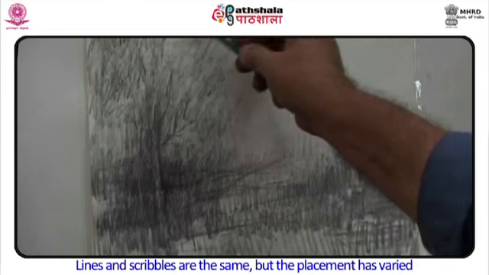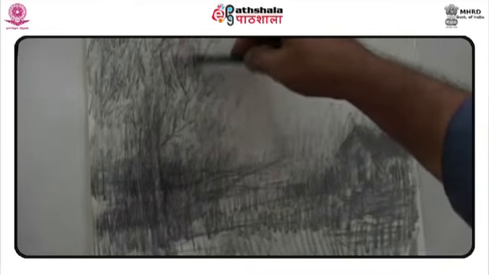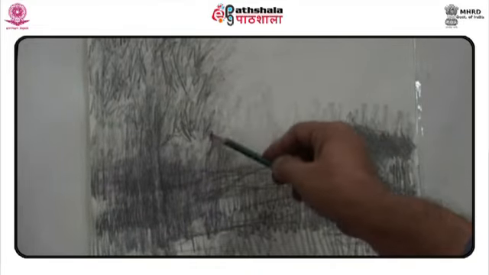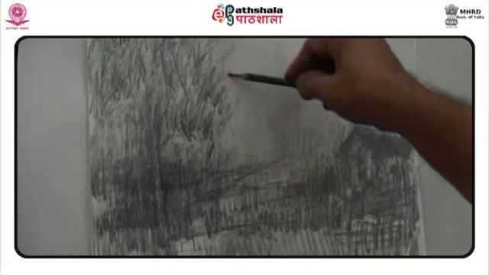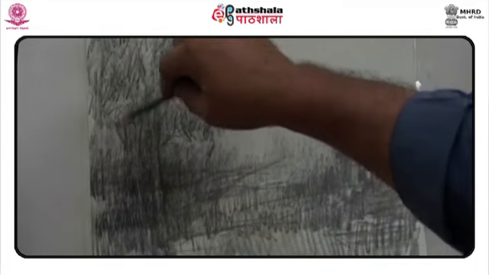Lines and scribbles are the same, but the placement has varied. Somewhere it's just oblique, somewhere vertical, somewhere horizontal, and at another place, a mixture of all.